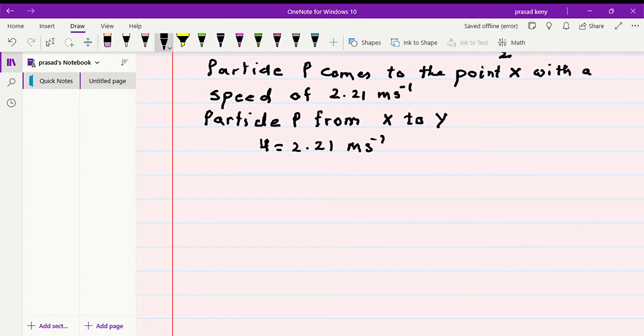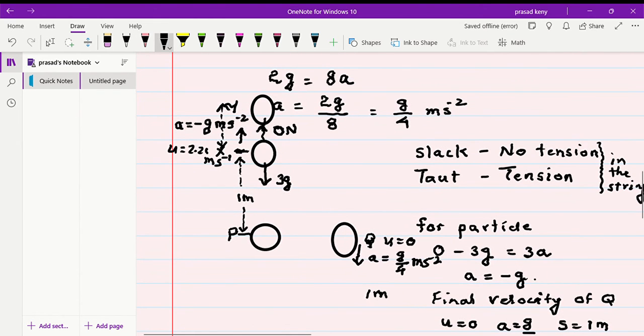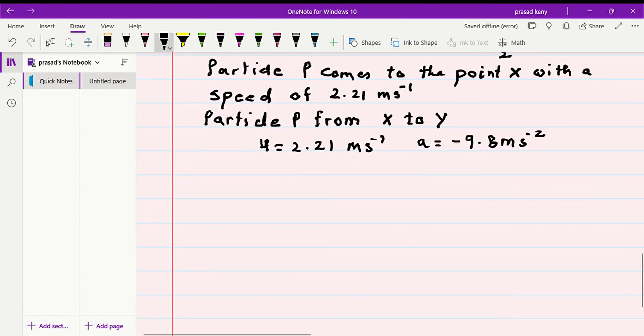Then a is negative g because it will decelerate in gravity. So a is negative 9.8 meter per second square. And since the particle will become stationary when it reaches the point y, the speed of the particle will be 0 meter per second at y. So v is equal to 0.